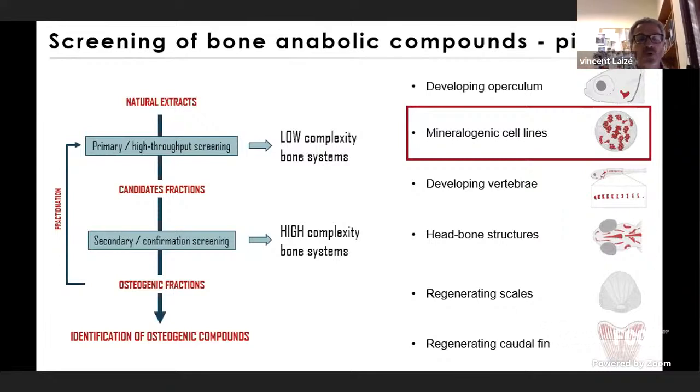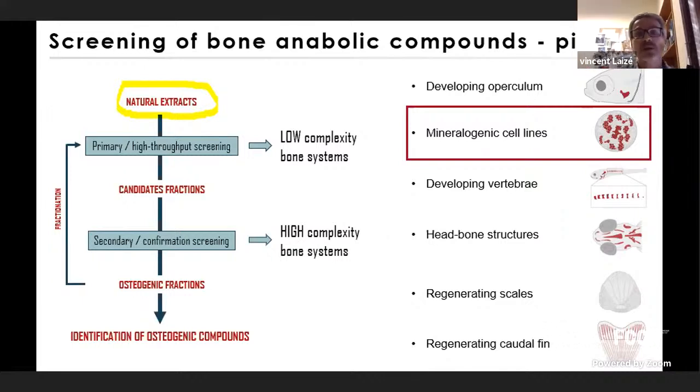It's the Blue Human project and the MAR 2020 project, the OsteoMAR project. So we are screening natural extracts, which can be extracted from seaweeds, marine plants, microalgae, etc. Also some terrestrial plants.